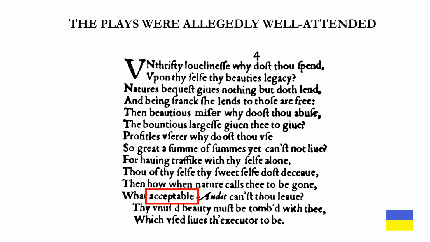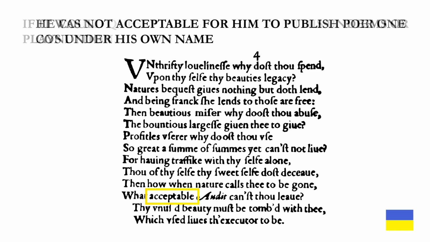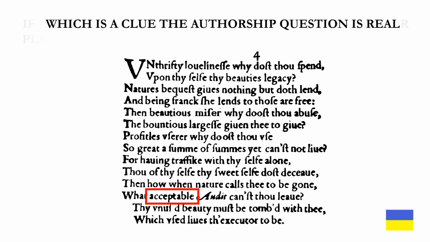The plays were allegedly well attended. He could question his legacy like this under one condition: if it was not acceptable for him to publish poems or plays under his own name, which is a clue the authorship question is real.